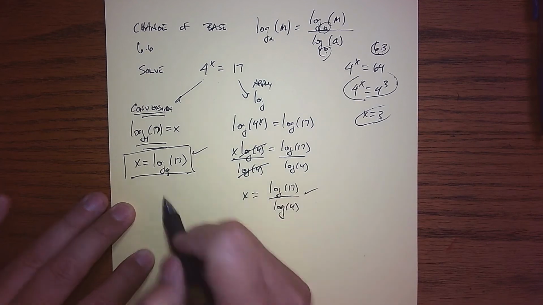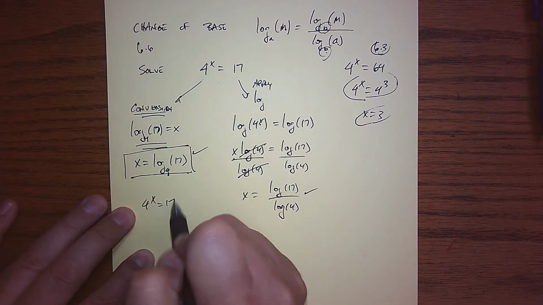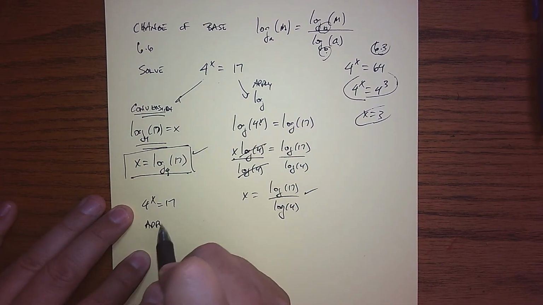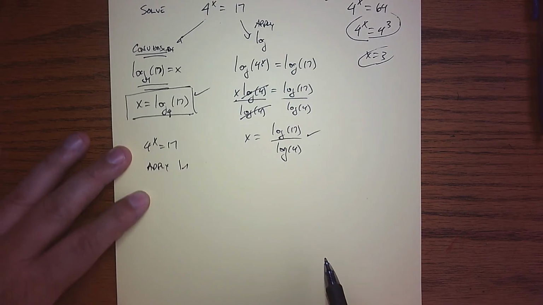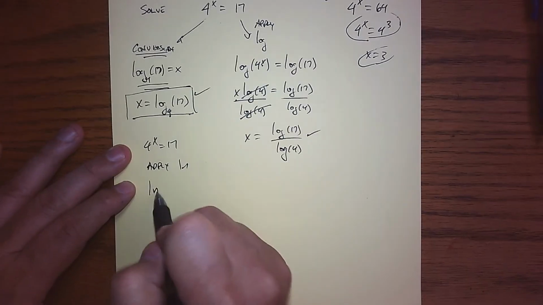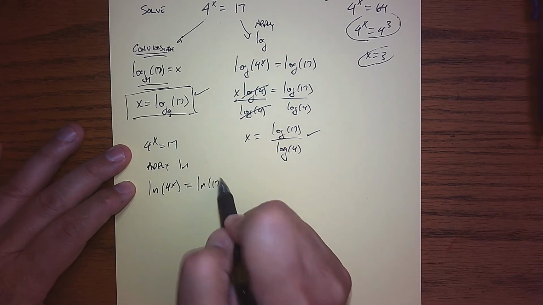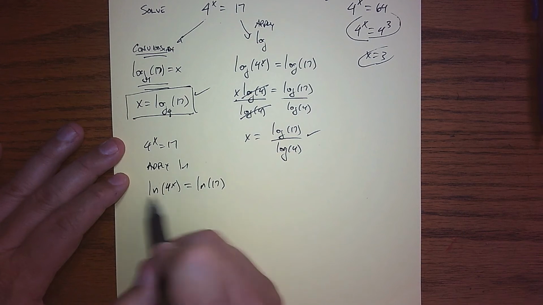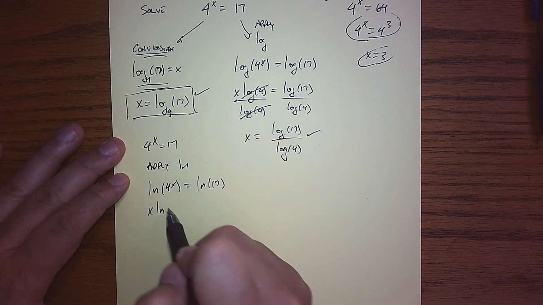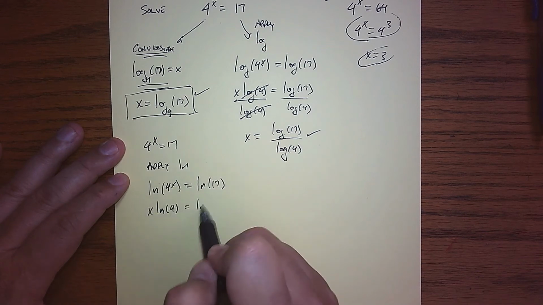So what happens if I take that same equation and apply the natural log? The same thing happens. I get the natural log of 4^x equals the natural log of 17. Again, our exponent power rule works here, so we have x times the natural log of 4.